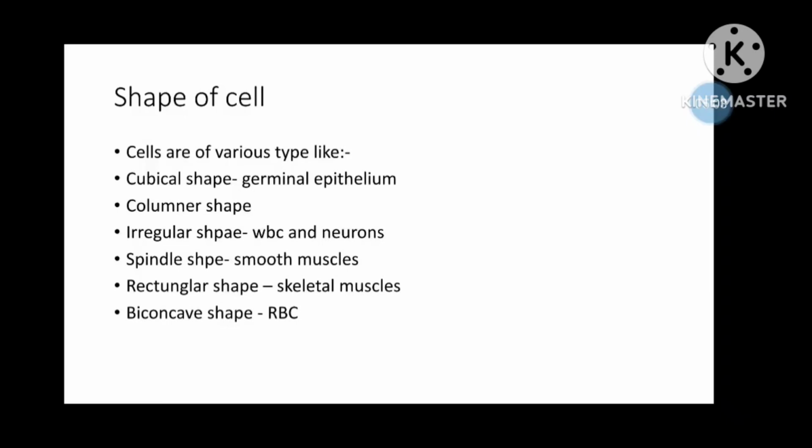Rectangular shape is present in your skeletal muscles. And you know, RBC is of biconcave shape. The shape of WBC is also called amoeboid shape, means amoeba-like structure. What does it mean? It means that cells are of different shapes, right?